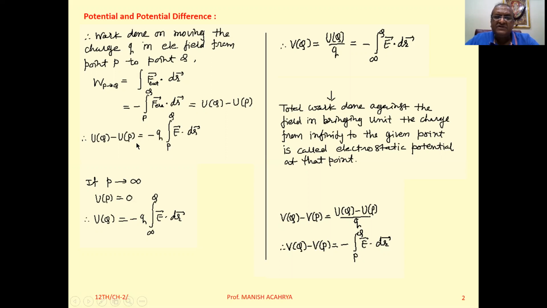If we take this Q on the left hand side, then that is minus integration P to Q E dot dr. So here we can say: the potential difference between 2 points P and Q in the given electric field is the total work done against the field on moving unit positive charge from point P to point Q.